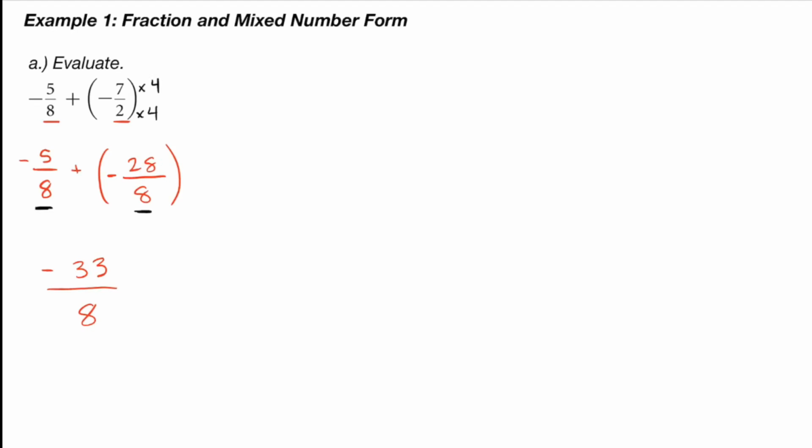You could leave your fraction like this, or if you want to change it to a mixed number, 8 goes into 33 4 times with 1 left over. Okay? So that's the first one. The key thing again is you want to find common denominators, then you want to add your numerators together.